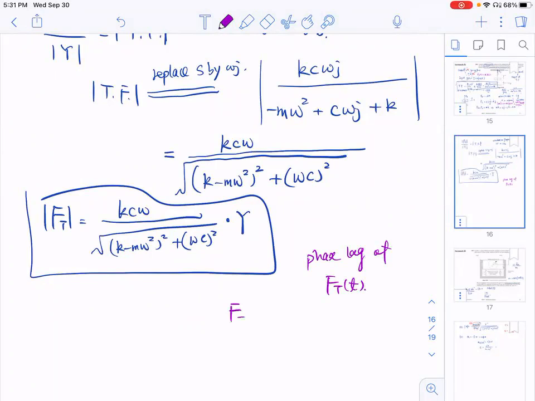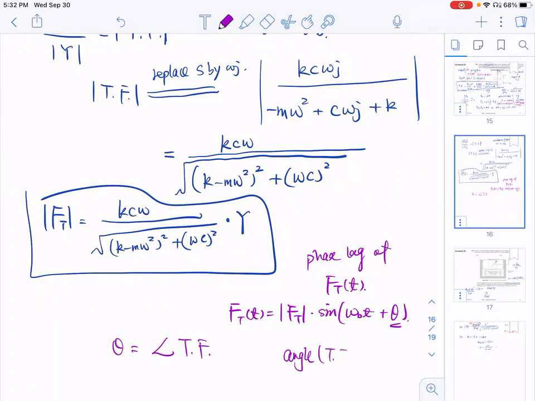Because we already know that your Ft is going to be some amplitude Ft times a harmonic excitation at omega, the same frequency, but with a certain phase lag. This phase lag is just the angle of your transfer function. In MATLAB, that's easy. You just use angle, and put your transfer function in.